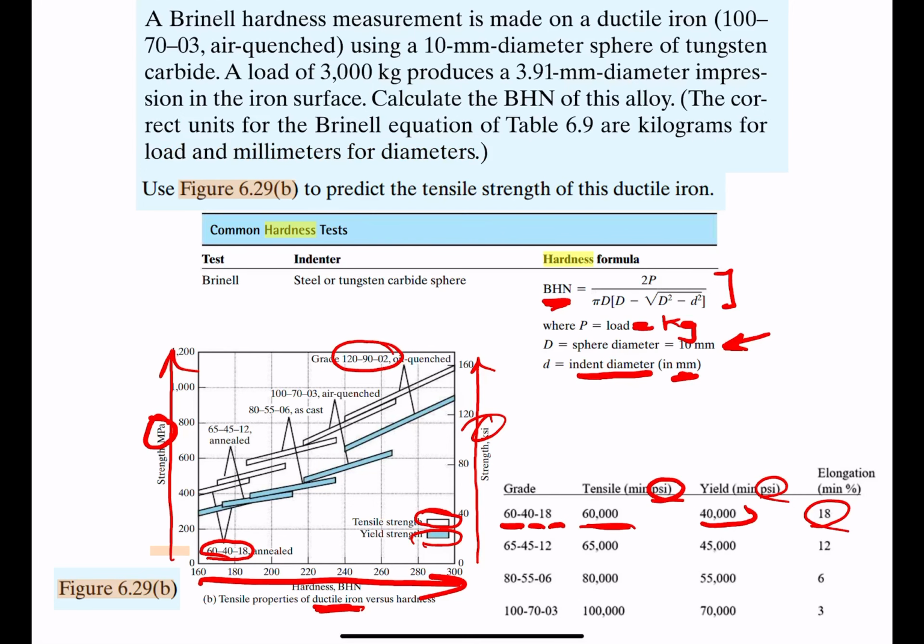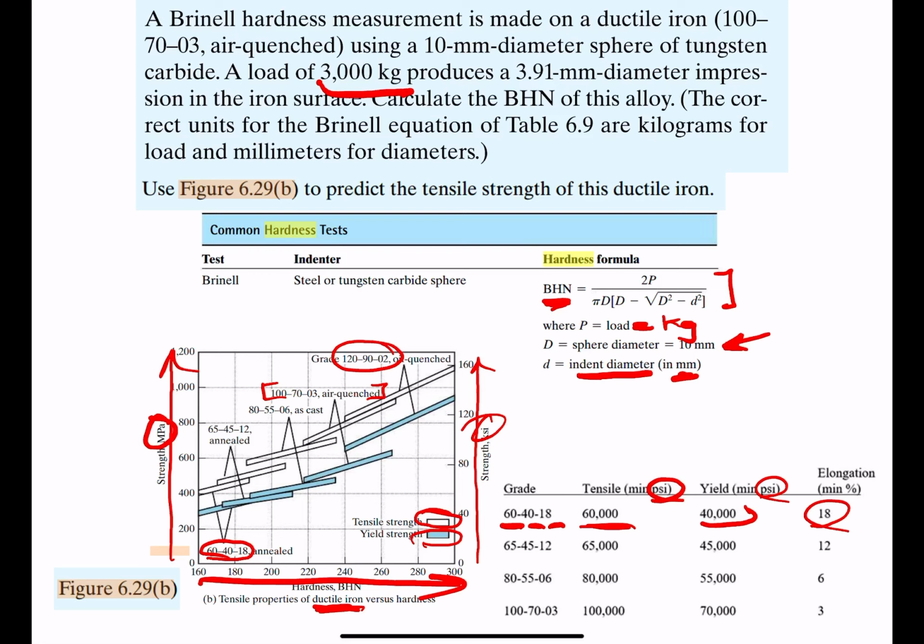Okay, so as an example, here's a question from your textbook. A Brinell hardness measurement has been made on ductile iron. It is the 170.03, so that is this set of data. It was done using a 10 millimeter diameter sphere of tungsten carbide, so clearly a very hard sphere to indent the iron. A load of 3,000 kilograms of force produced a dent that had a 3.91 millimeter diameter on the surface.